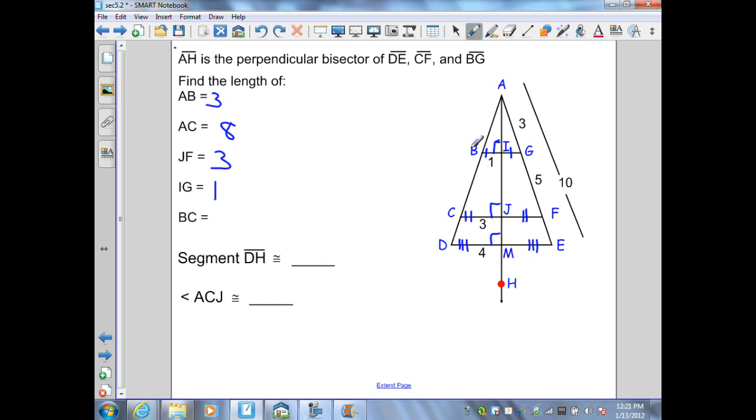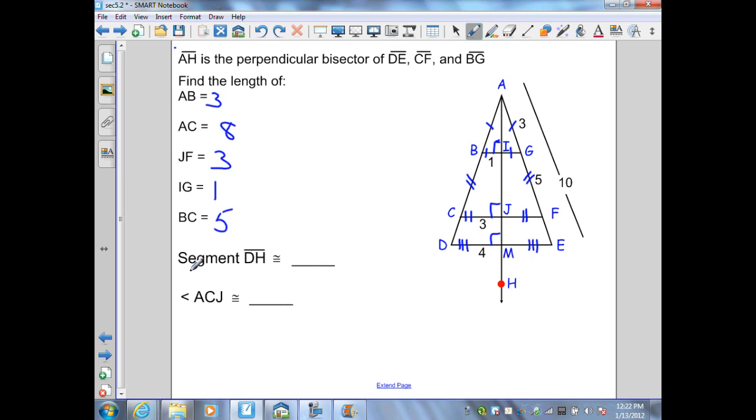BC is going to be congruent to JF. I know that because AF is congruent to AC, and AG is congruent to AB. If these two segments are congruent, then these two segments must be congruent. Therefore, BC must be 5.